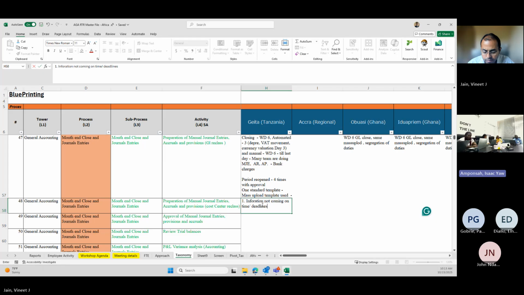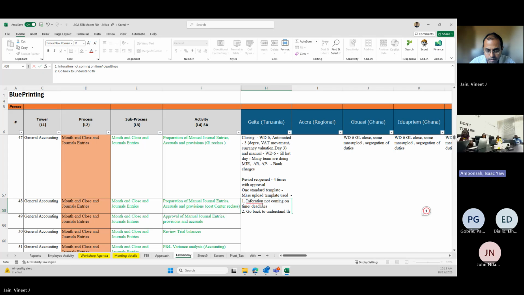And again, they send the information and later have to revise it. So you have to go back. If you have posted those journals already, you have to go back, reverse, and input the revised entries.